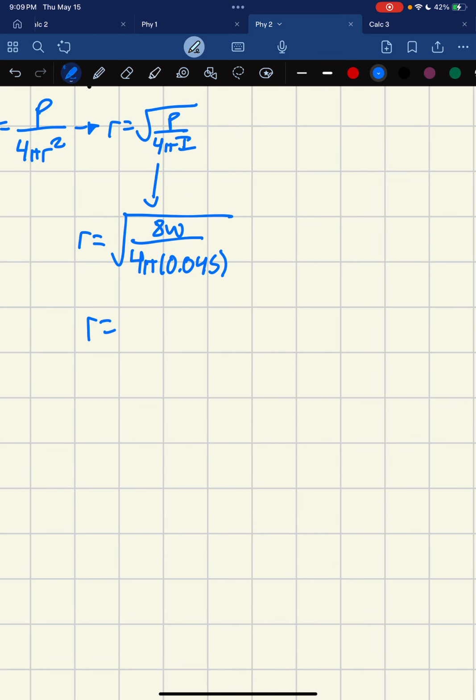And now I just solve for R. So using my calculator, square root of 8 divided by 4 times pi times 0.045, and I end up getting an answer of 3.76. And this will be in meters.